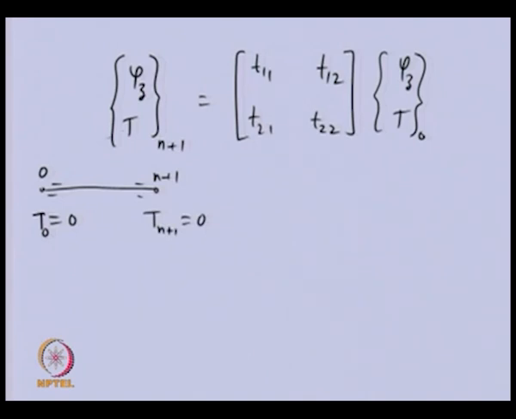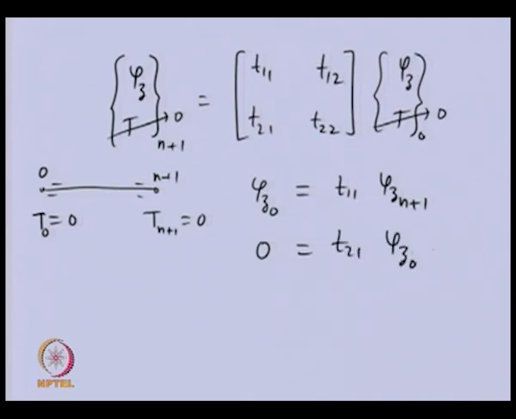So, you can see that this term will be 0 and this term will be 0. If we expand this equation, we get the field variable at n plus 1 as T11 phi z naught, other terms being 0, and then 0 is equal to the second equation, T21 phi z naught, other terms being 0.